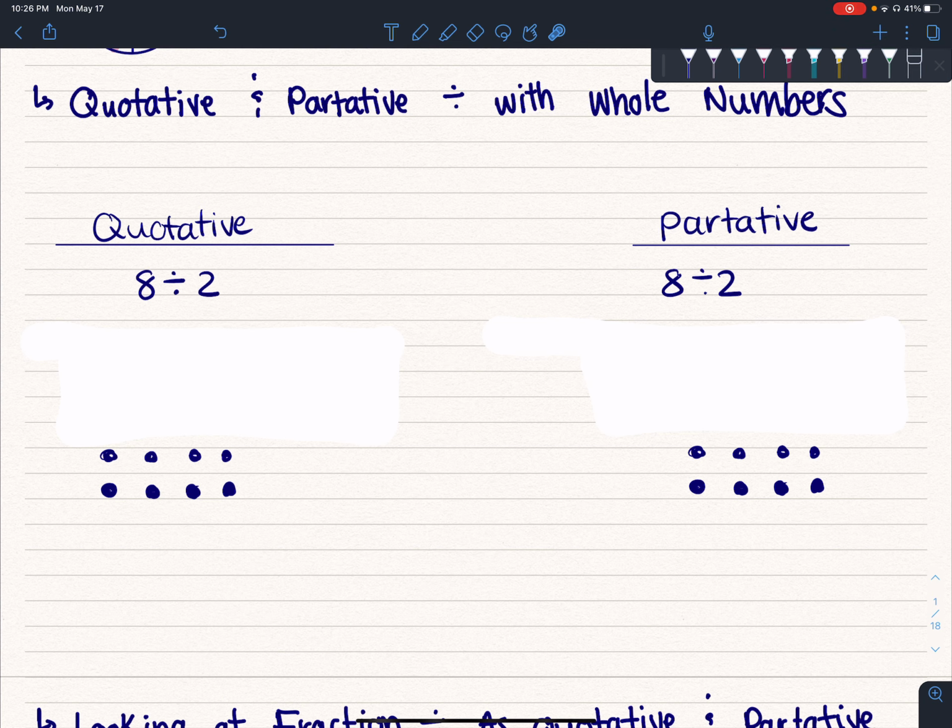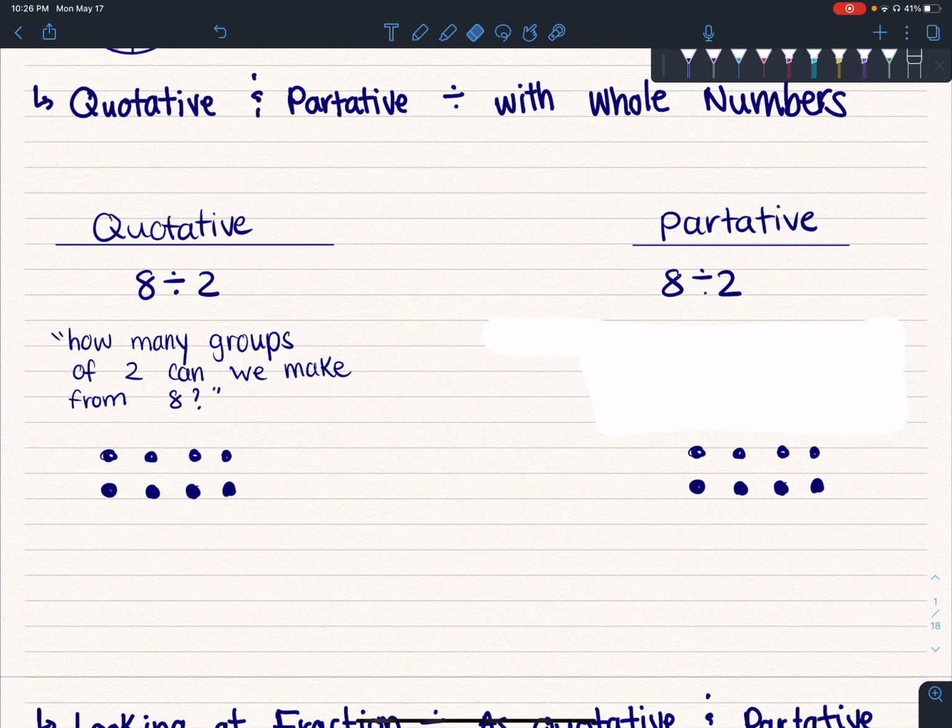And in the quotative version of division, we're essentially asking ourselves the question, and I will take the little curtain away here. We're asking ourselves the question, how many groups of 2 can we make from 8?